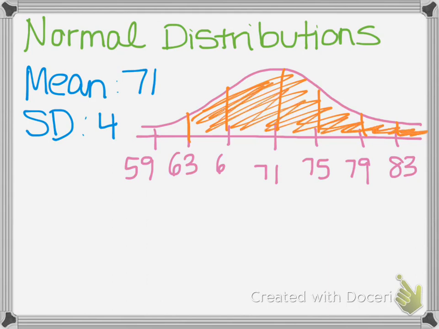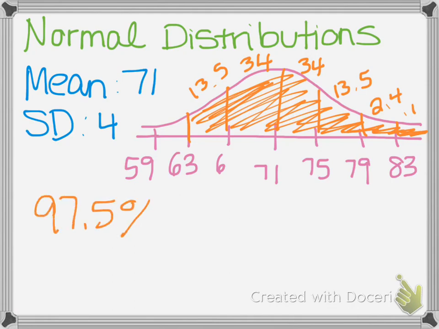So I'm going to take this 13.5 and add it to 34, plus this 34, plus 13.5 plus 2.4 plus 0.1. And when I do that, I get 97.5%. So that means that a score of greater than 63 is 97.5% of the data.